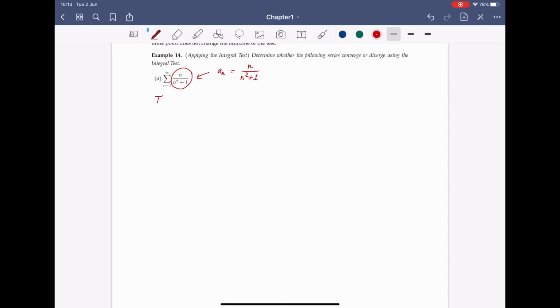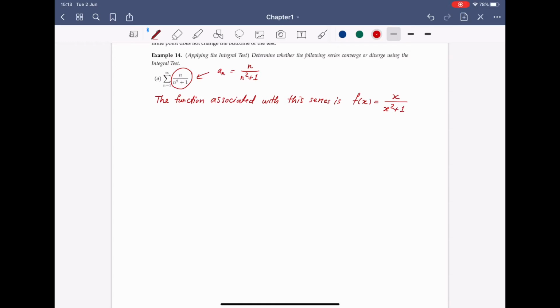So we can say that the function associated with this series is f(x) equal to x over x squared plus 1.